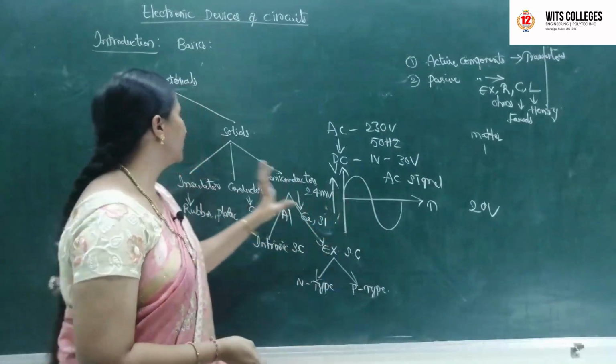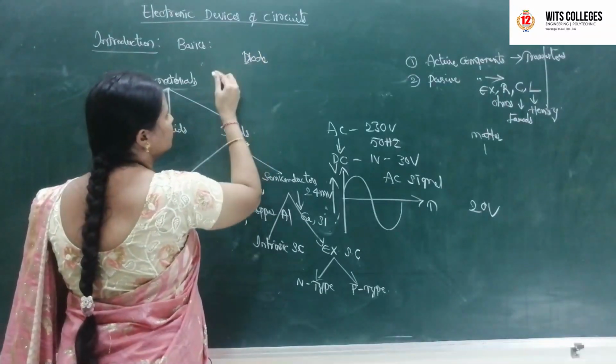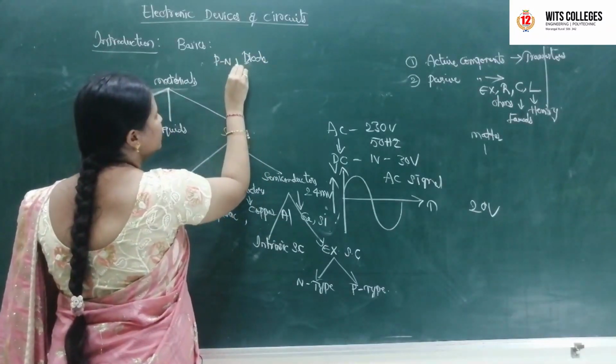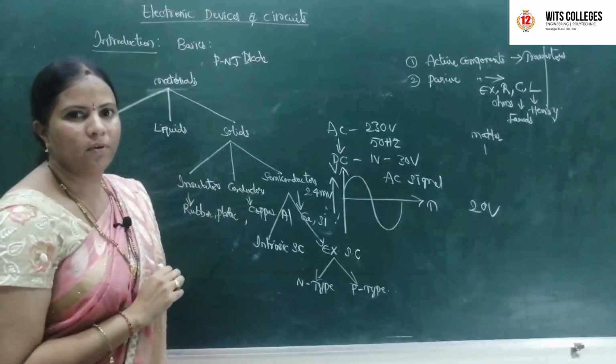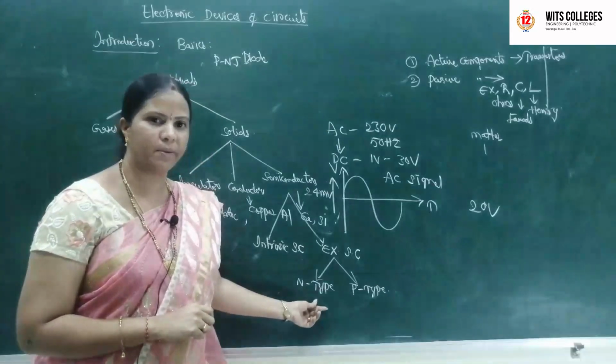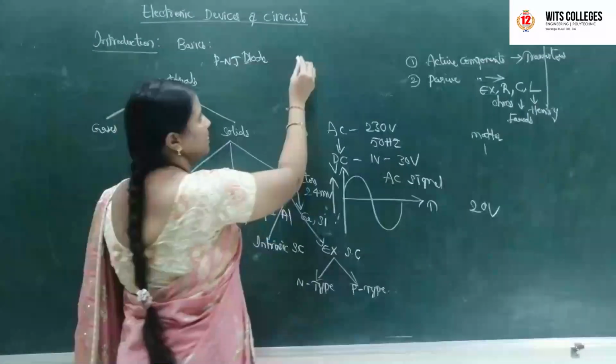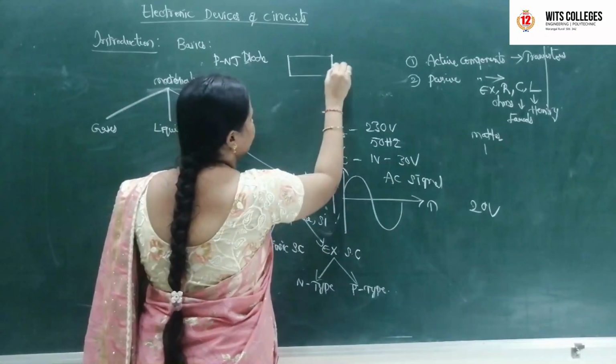Next, how will the diode form? PN junction diode. When we join a P-type semiconductor with an N-type semiconductor, it forms a PN junction diode. It is like this.